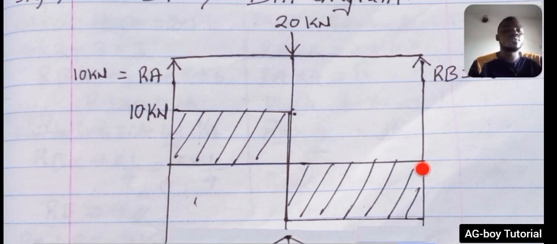When solving your shear force and bending moment, if you find that your final answer didn't end at 0, you will know that your answers are wrong, because it must end in 0.